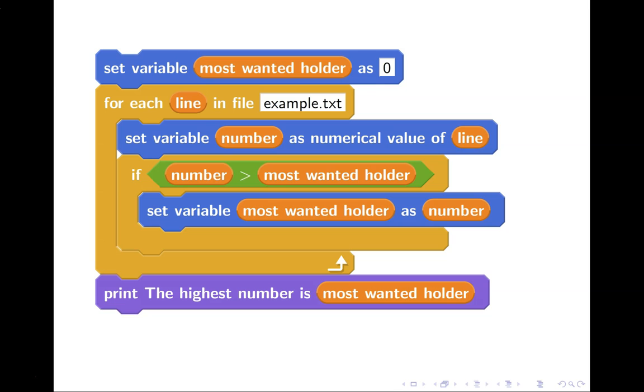For each number we see if that's higher than the most wanted holder at that point of time, and if it is, then we store the number into the most wanted holder. So this keeps the most wanted holder always up to date and up to speed with what's going on.